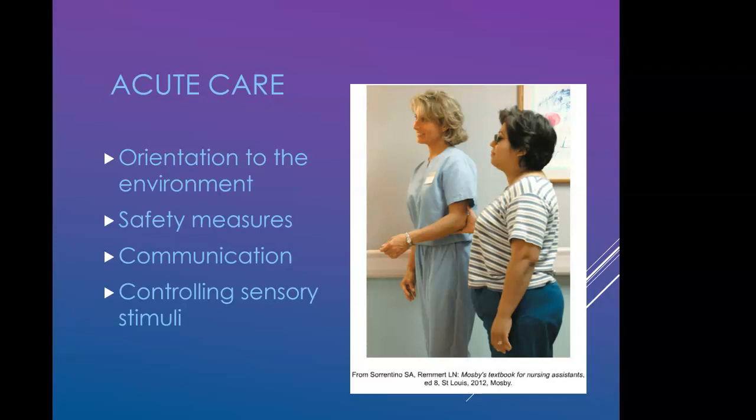And if you have a patient that has sudden or acute visual impairment, you help them walk. You stand on the patient's dominant side, whatever side is stronger, and the patient will grasp your elbow or upper arm, and you then walk one half step ahead.